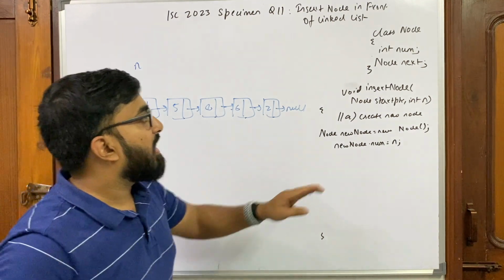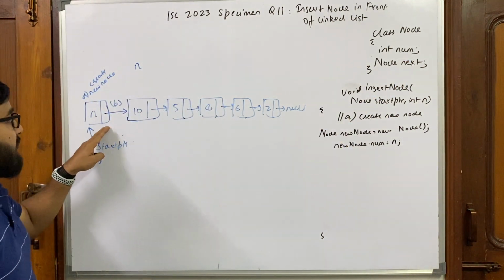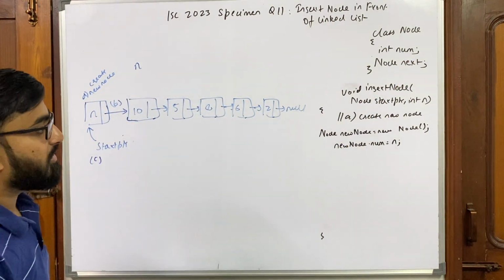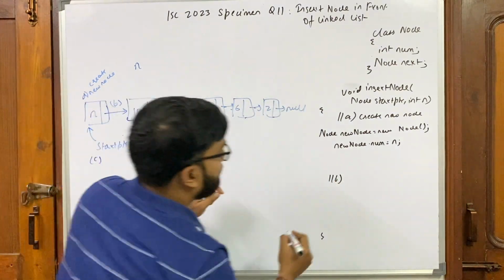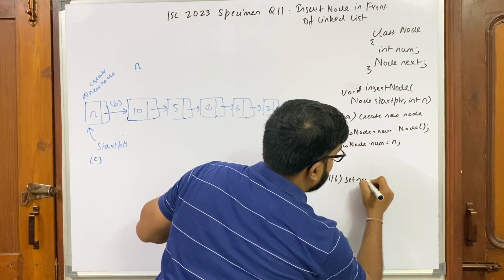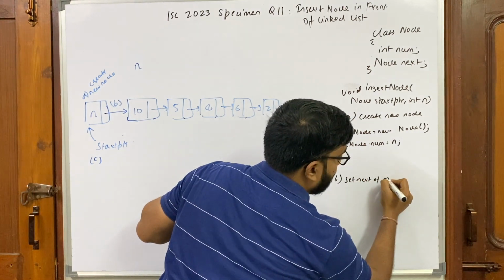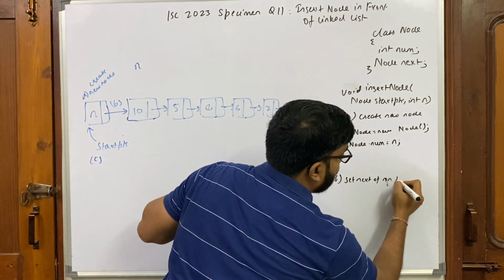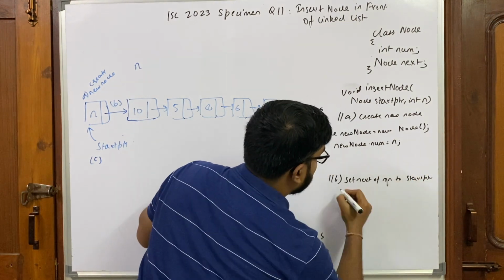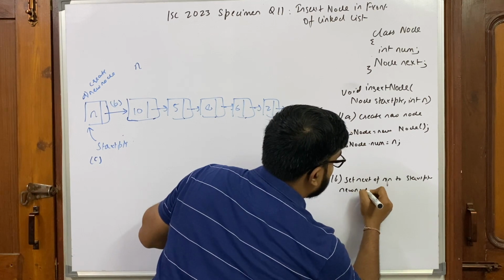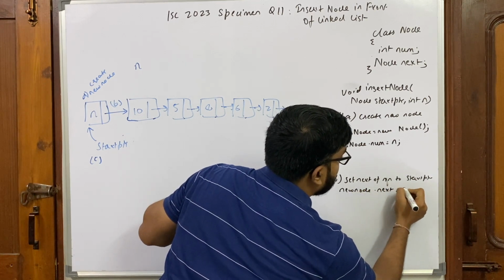I don't set next to null because I need to set next of this new node to this start pointer. So B is link: set next of new node to start ptr. So you say newNode.next is start ptr.